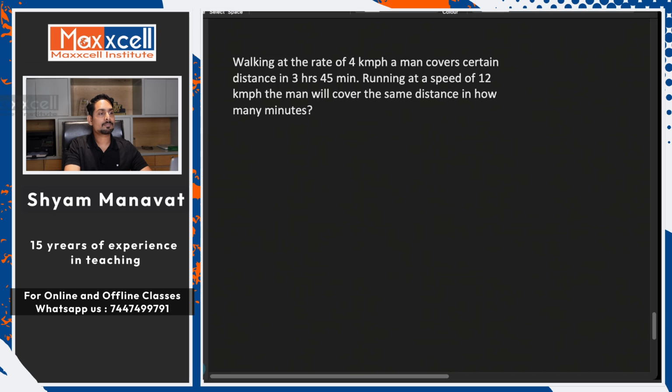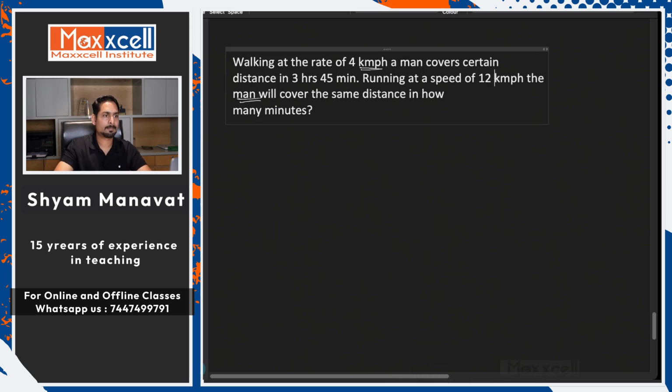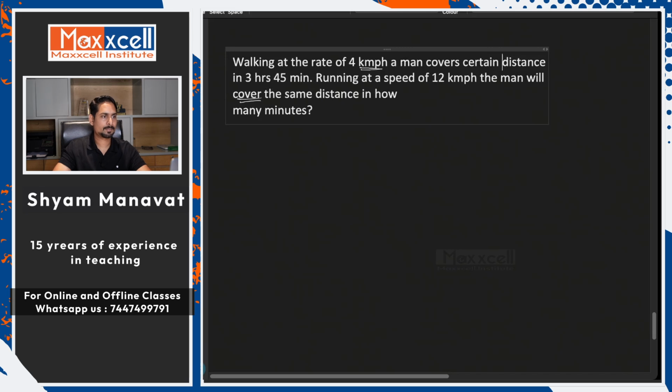The speed units are the same: kilometer per hour and 12 kilometer per hour. So that's fine. The units are the same.